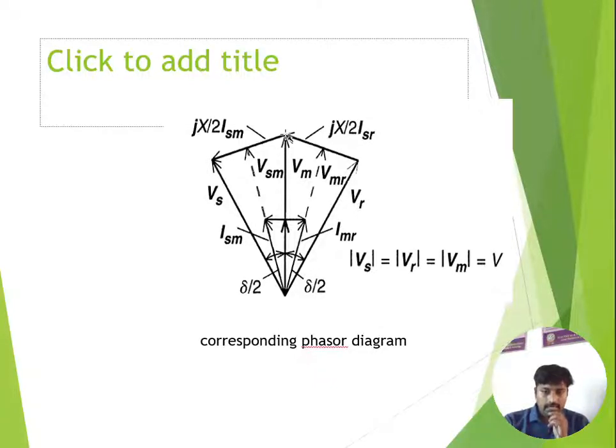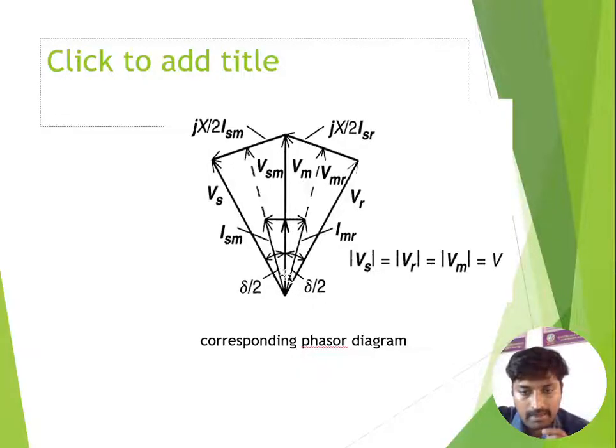For this particular case, we consider all the magnitudes to be equal. There are some phase differences, but we are considering the magnitudes equal: the modulus of Vs is equal to the modulus of Vr, which is equal to the modulus of Vm, that is equal to V. After putting in Vm, the entire load angle delta is also divided into delta by 2 and delta by 2.